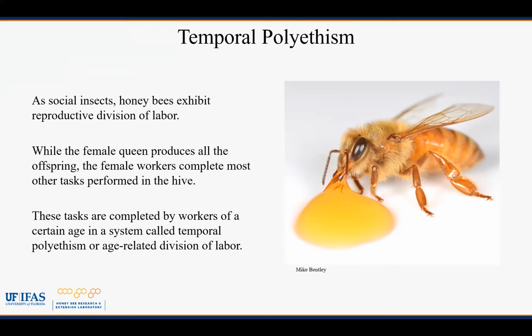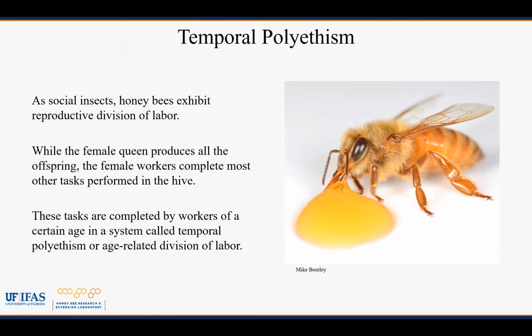All right. So worker honeybees subscribe to a behavioral system that we call temporal polyethism. Temporal means time, poly means many, ethism means behavior. So temporal polyethism means timed many behaviors.